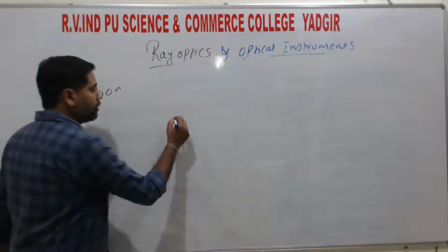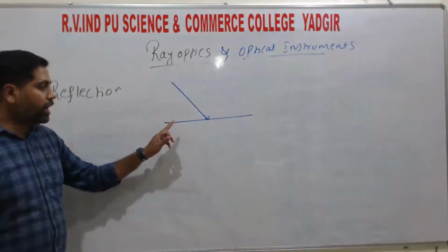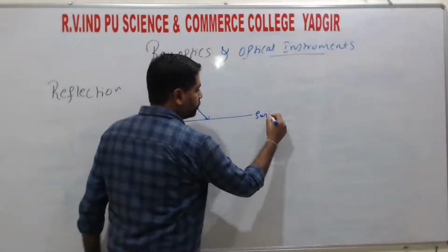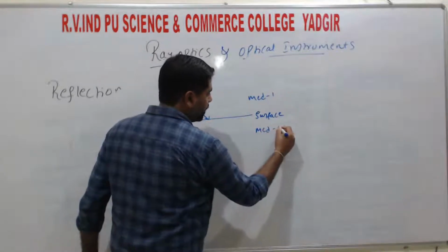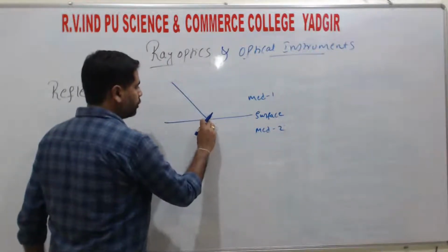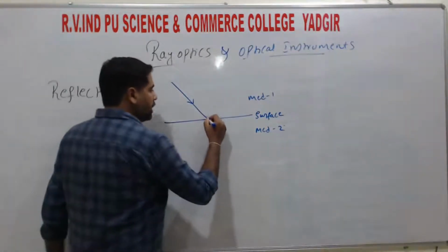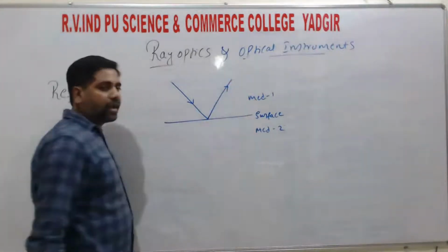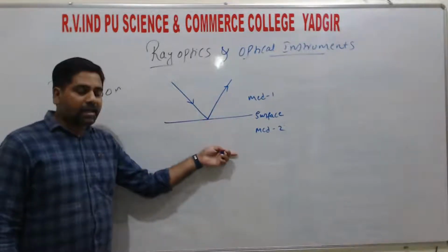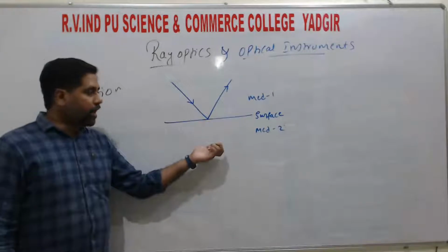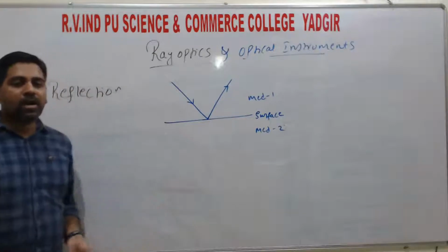So what is reflection? When a ray of light incident on the surface which separates the two mediums, this one is the surface, it separates medium 1 and here we have medium 2, right? Some part of the light will be sent back to the same medium, so that phenomenon we call reflection, and some part is transmitted, so that part we call refraction, and some part is absorbed by the surface or the medium, so that one we call absorption, right?